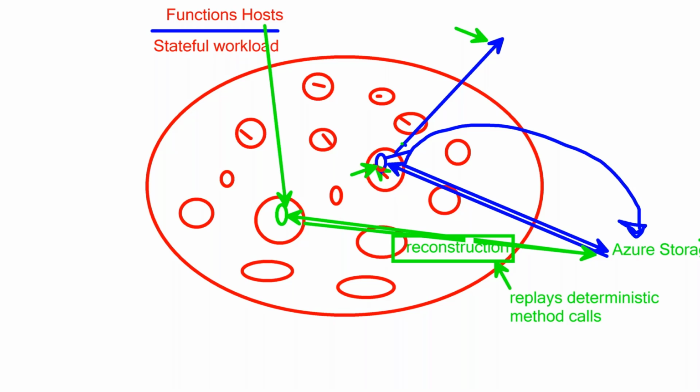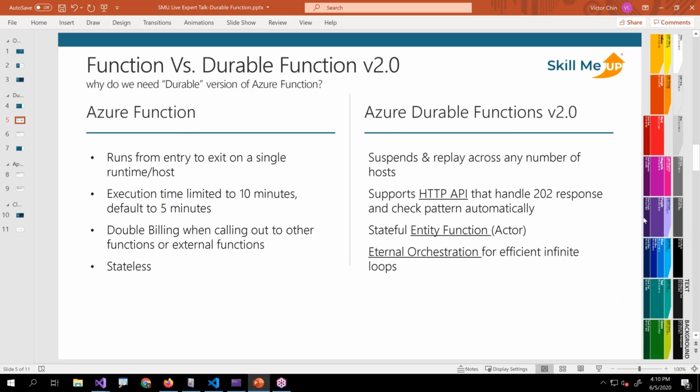It's simply a replay of all the events. Okay, so the concept of suspend and replay across any number of hosts is vital. So Microsoft can build out this huge fabric of machines, and your stateful workload can run, suspend, resume on any of the hosts without losing state.